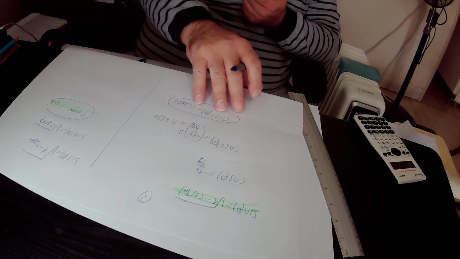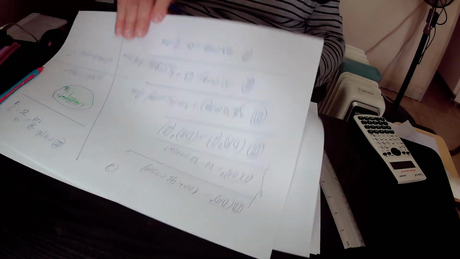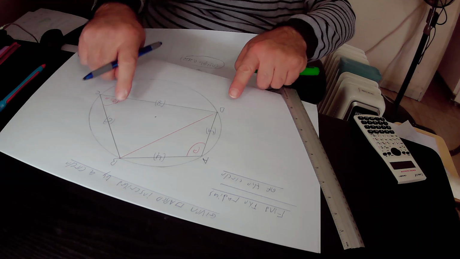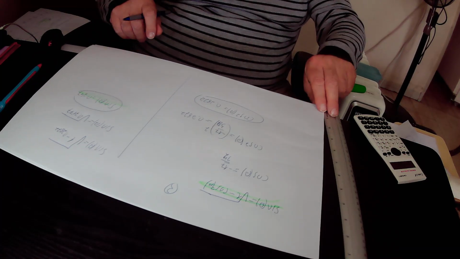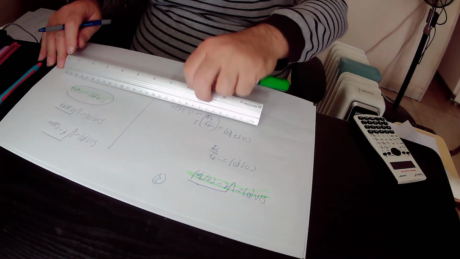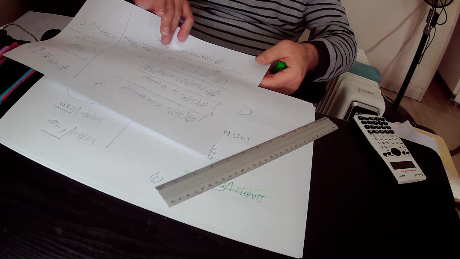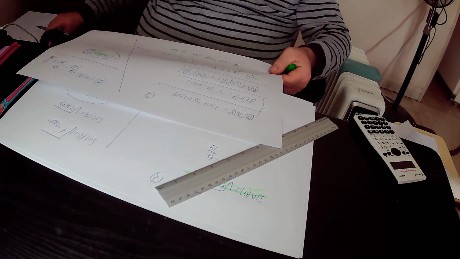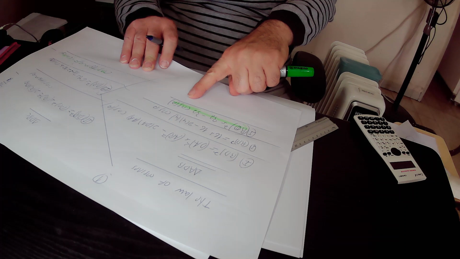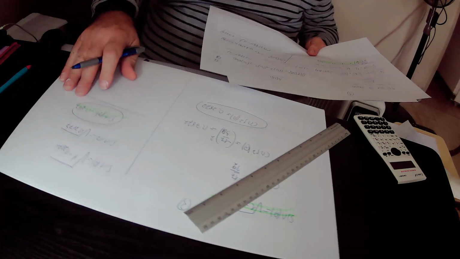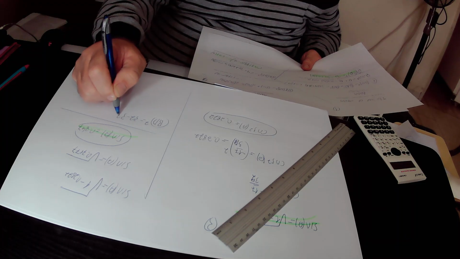And what is the value of BD? We already found out that BD square equals 32 minus 32 times cosine theta.